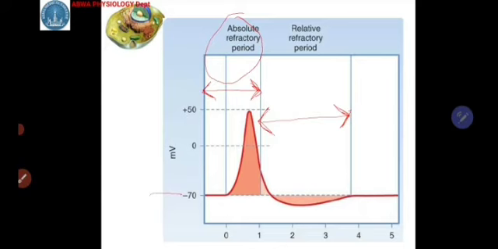At this level it is minus 70, at this level it is minus 80, so more effort is needed to create a stimulus from minus 80 to this level as compared to minus 70 to this level. Less effort is required from minus 70, and more effort from minus 80, so a stronger stimulus is required to cause an action potential like this, and attain the resting membrane potential back.